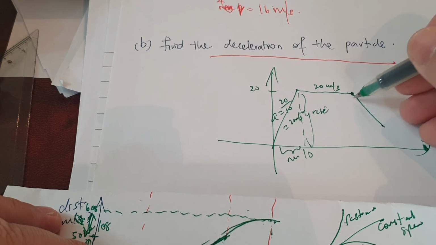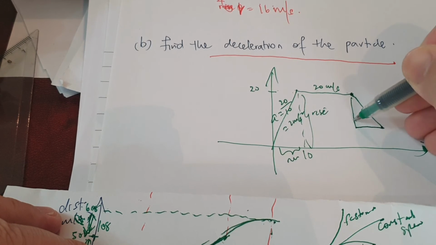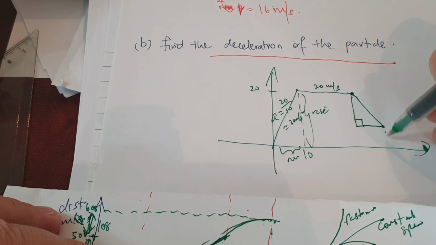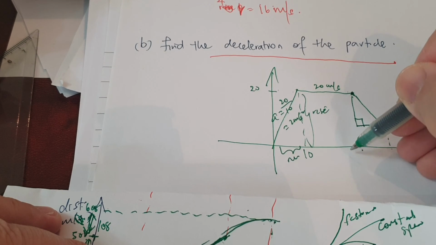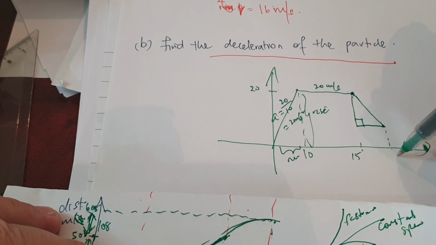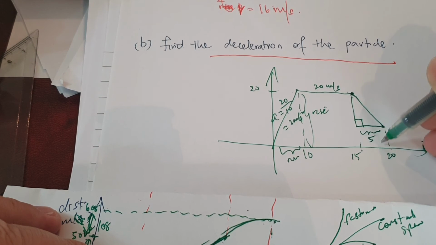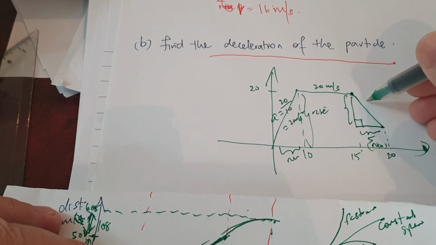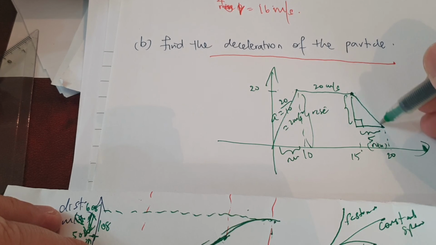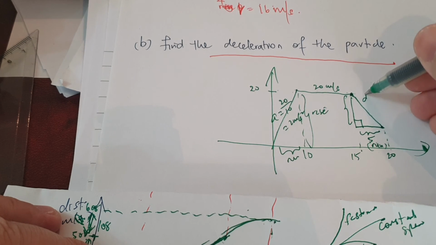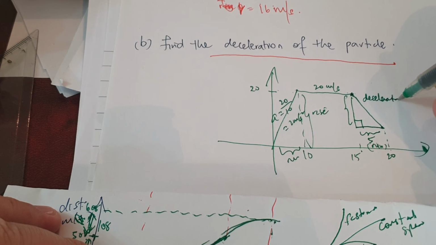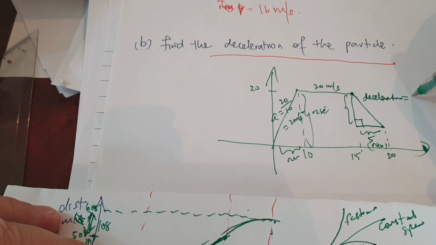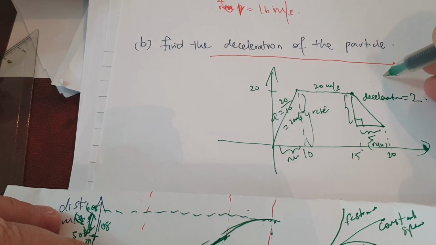Let's say I draw a right angle triangle. Okay, let's say I know that this is 15 and then this is 20, so this must be 5, right? So the run is 5. If they tell me the deceleration is, let's say 2, then I know already.